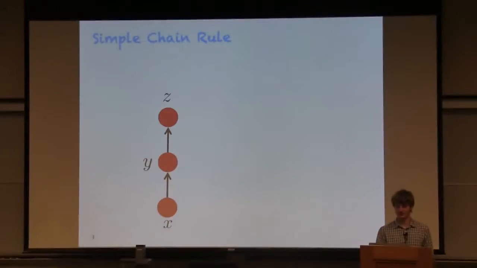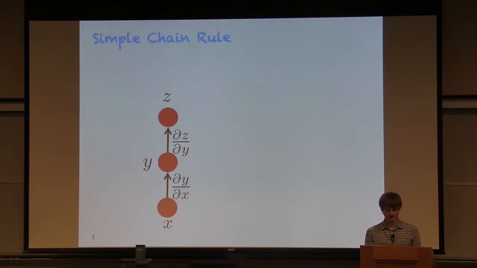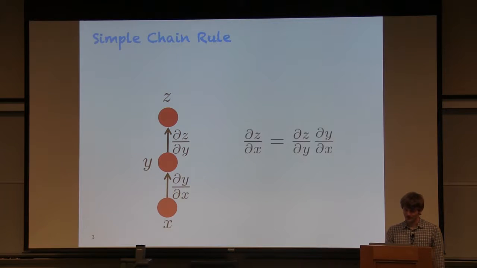We will always have a feed-forward or fprop computation where we start with some input x, compute some intermediate representation y, and forward propagate to get to some z, and then in backpropagation we just go backwards through that computational graph. If we just had a single intermediate y between x and z, this would be the chain rule.